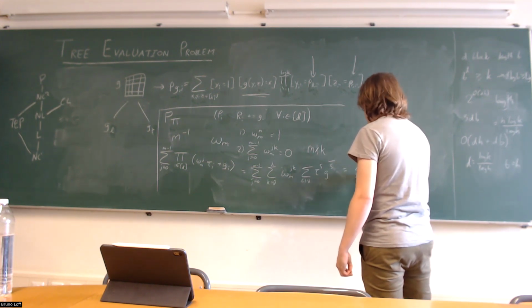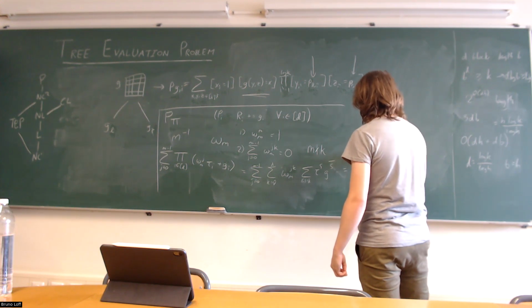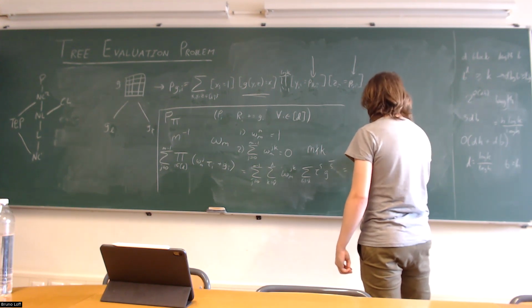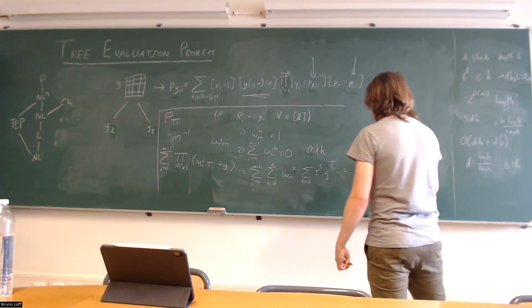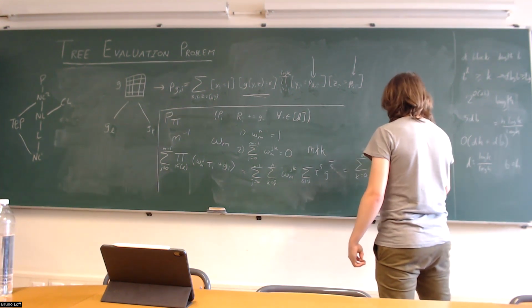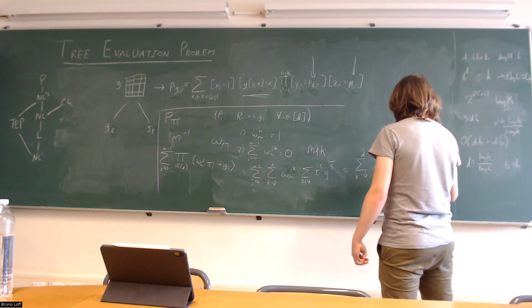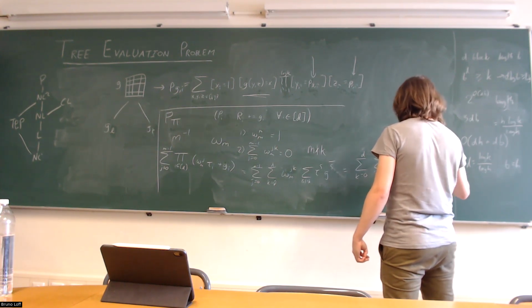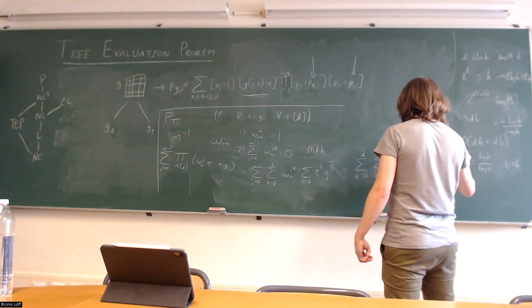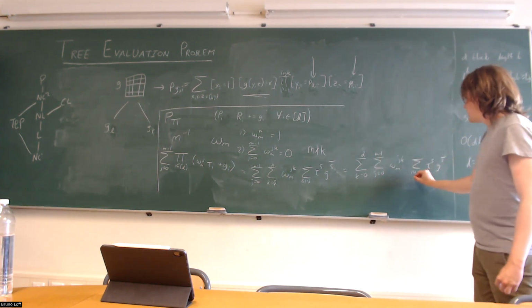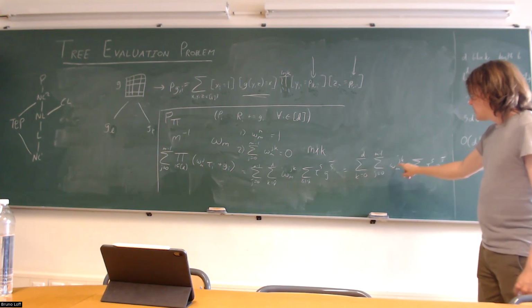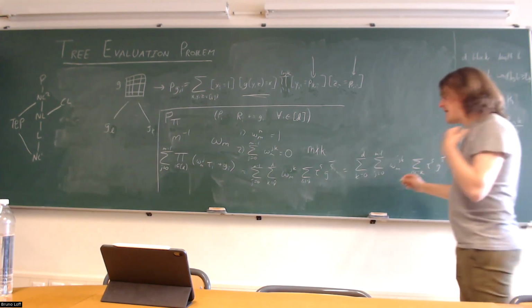well, I'll just switch the sums first. Sum j equals 0 to m minus 1 of omega m j k. Sum of size of s equals k tau s g of s. And when s is 0, then all of these are 1, and so you get m of them.